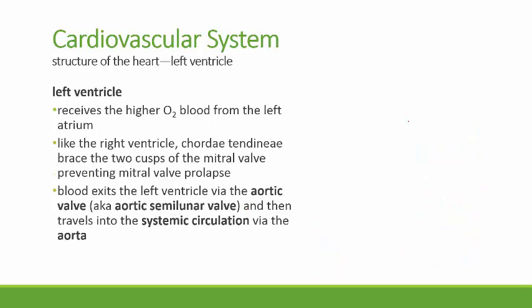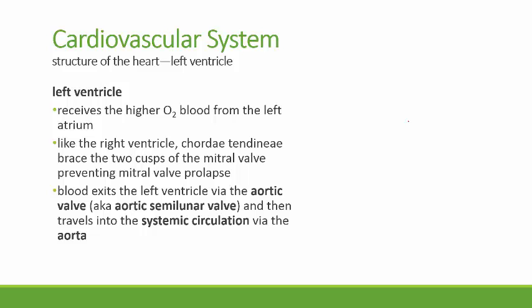goes the wrong direction. Okay, so assuming that the heart is functioning properly, that valve is not prolapsing, then all the blood will move from the left atrium into the left ventricle. So now we're moving that high O2 blood into the left ventricle. And then once again, the left ventricle squeezes at the same time that the right ventricle is squeezing.